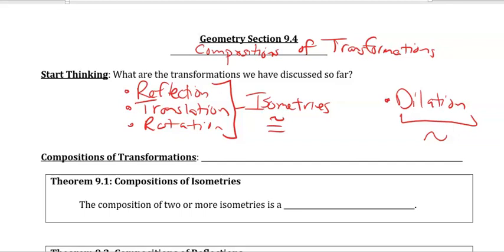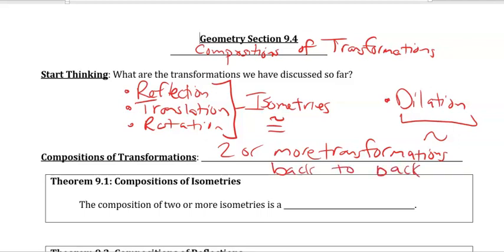Okay, a composition of transformations is just going to be two or more transformations back to back. Okay, now I want you to think about this.